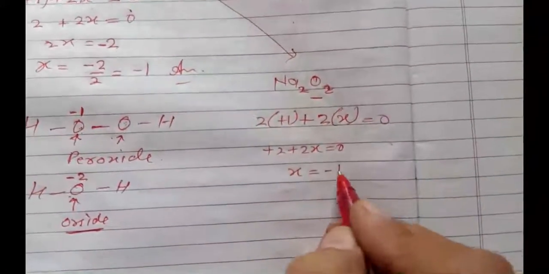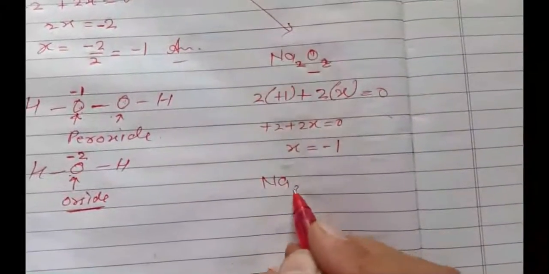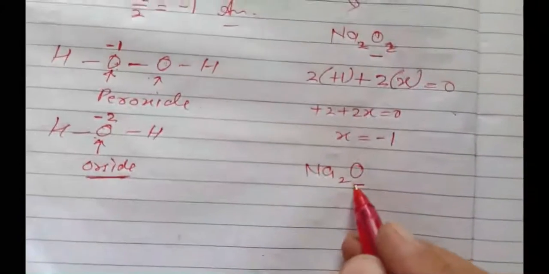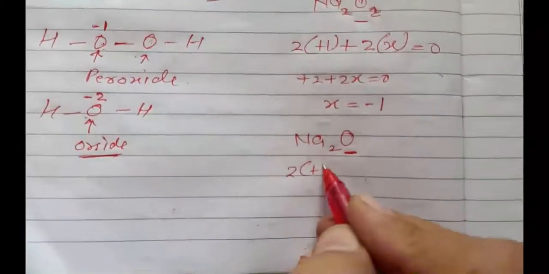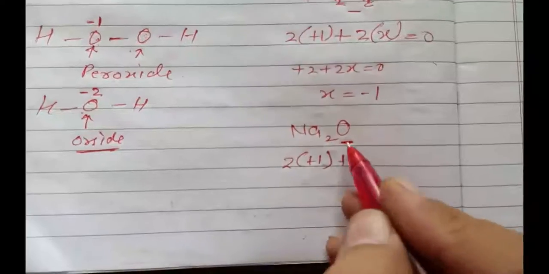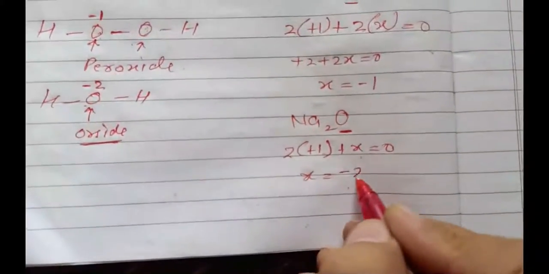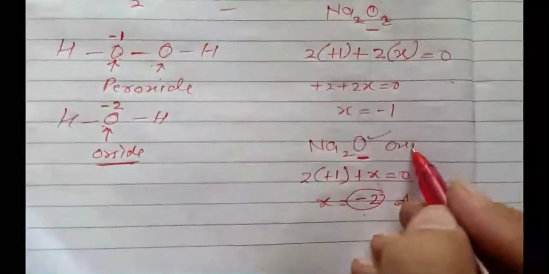x will be -1. But what about Na2O? Suppose I don't know the name of this compound. Then we have to find the oxidation number of oxygen. How many sodium? 2. Oxidation number of sodium is +1. Oxygen we don't know, total is 0. Then x will be equal to how much? -2. So if -2, then this oxygen is oxide.